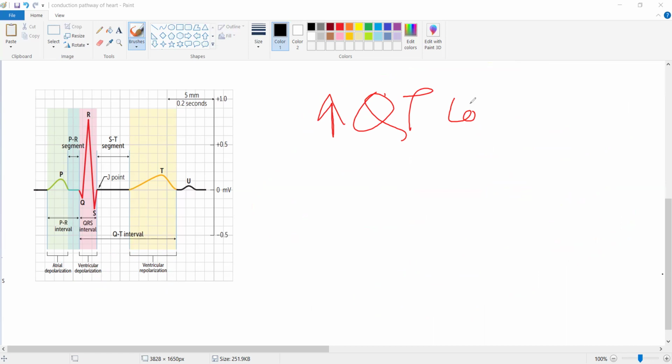Romano-Ward syndrome, absolutely right. Romano-Ward syndrome is autosomal dominant or recessive? Dominant.